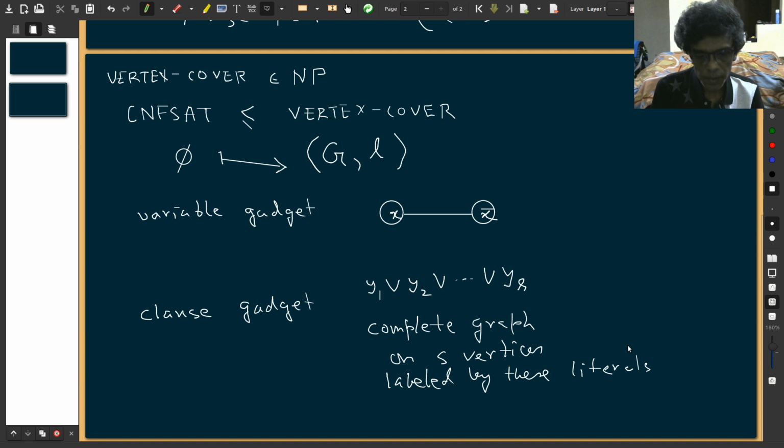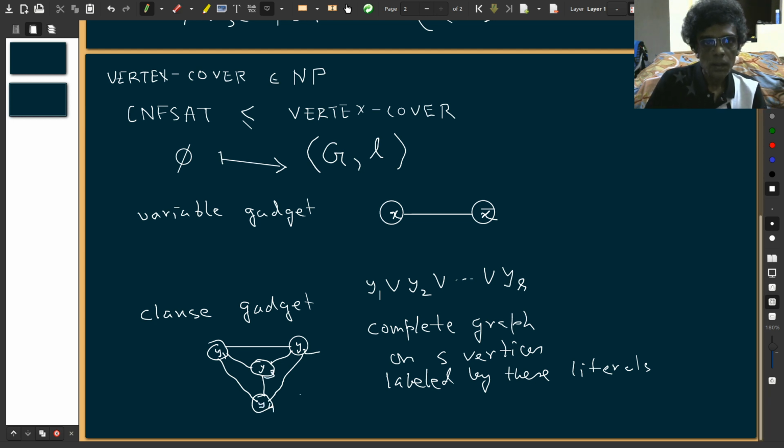Okay, so for example, if s is 4, I will have a graph like this: y1, y2, y3, y4. Label them like y1, y2, y3, y4.